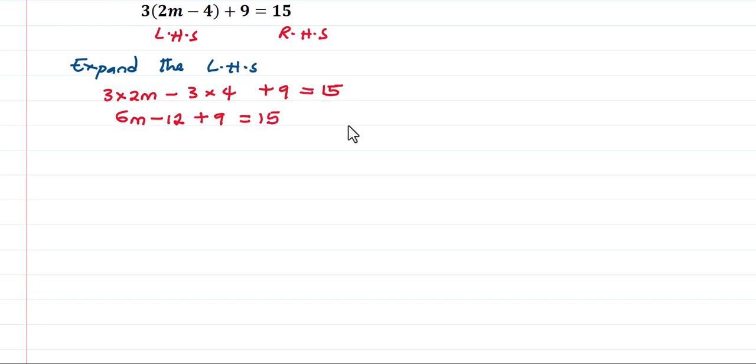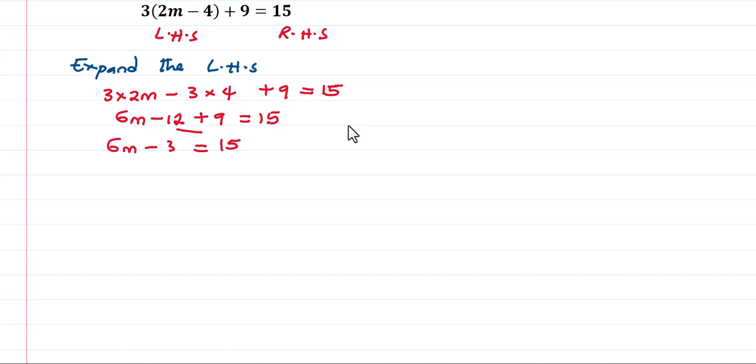Just before we talk about collecting like terms or adding any value to both sides, let's figure this out. Minus 12 plus 9 is going to give us what? A negative value. So we have 6m minus 3 is equal to 15. Because there are different signs, you have to use the bigger number to subtract.